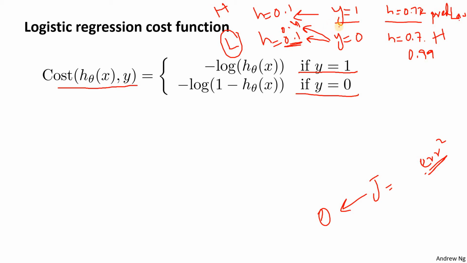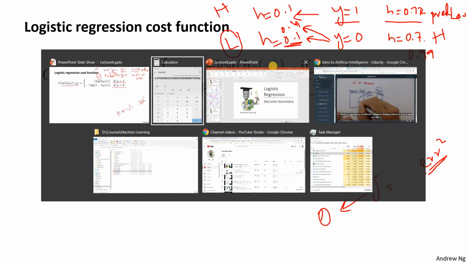Okay, so let's say first when y is 1. In that case, whatever value I predict, I take the log value of that. Let me show you on the calculator.